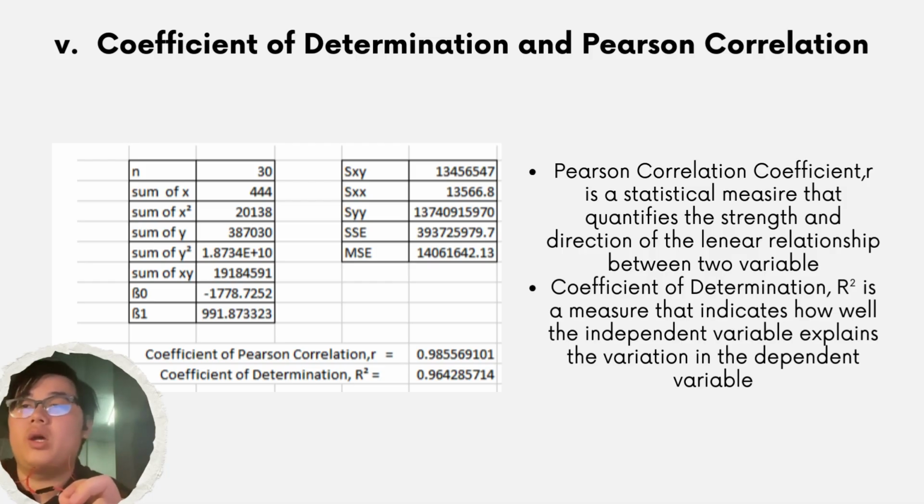In this case, my R is 0.9855 and R square is about 0.6242. The R indicates a strong positive linear relationship, and the R square is 69.43%, close to the regression line.